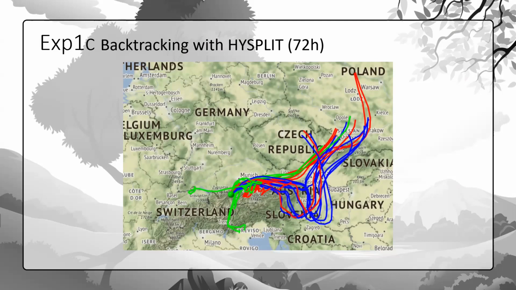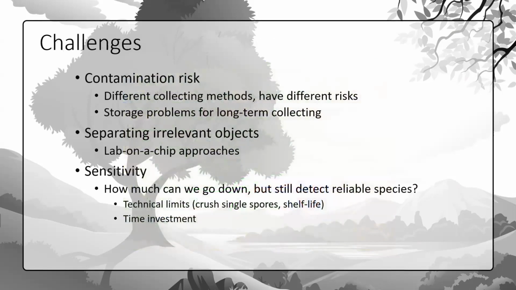Of course, there are some major challenges that remain to be handled for this device itself. One of the biggest, basically for all metabarcoding experiments, is the contamination risk, especially depending on what kind of method you use to sample the air. It generates different problems, especially if you use a liquid one.